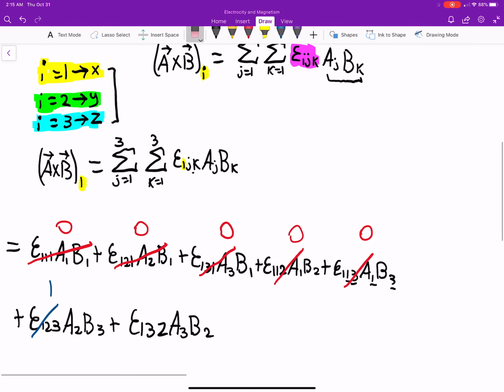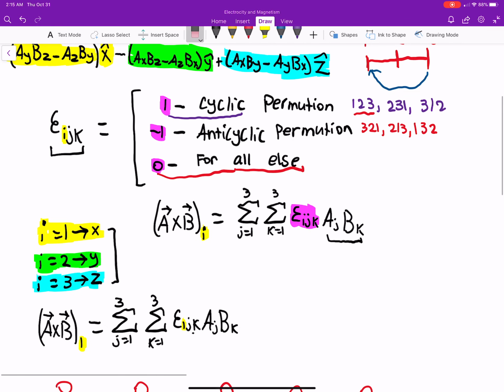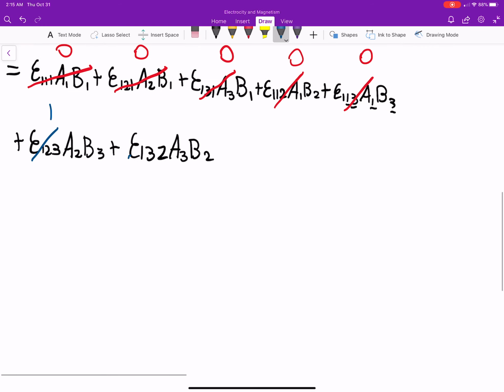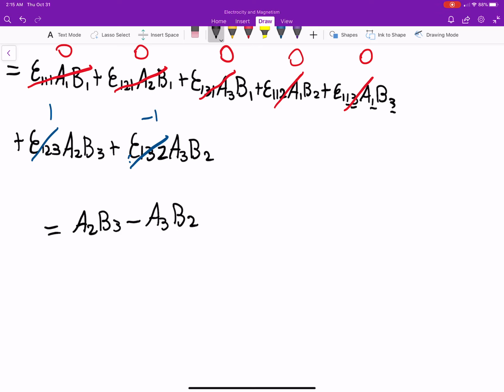And what do we have? 1, 3, 2. That's going to be -1. So we have, this simplifies to A2, B3 minus A3, B2.